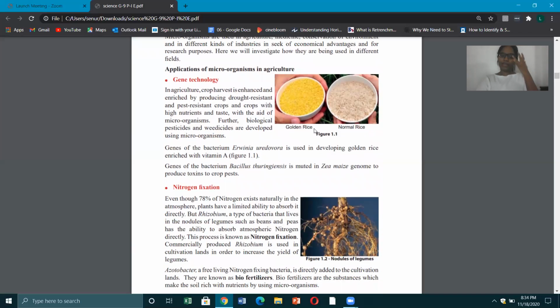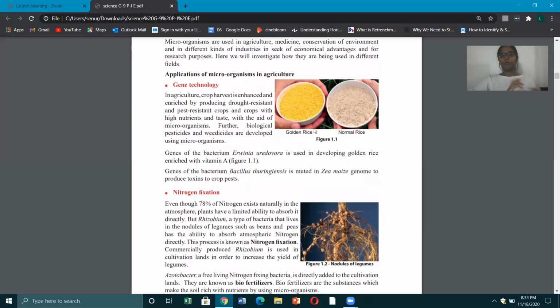What do you mean by economical advantage? Economical advantage is, economical wise, you can get advantages because you use microorganisms. You can do that specific thing related to that industry without using microorganisms as well.